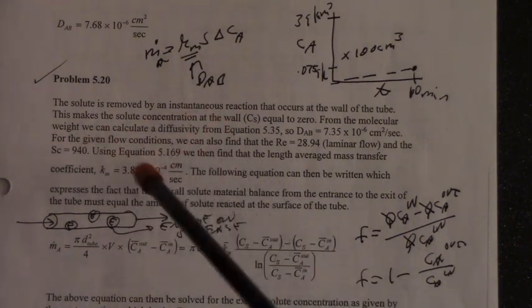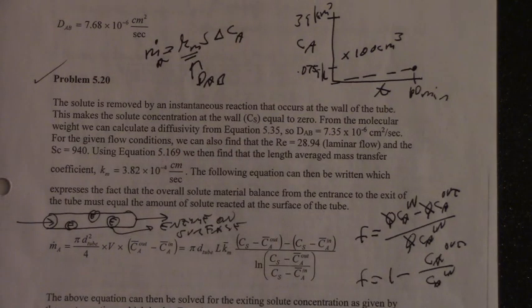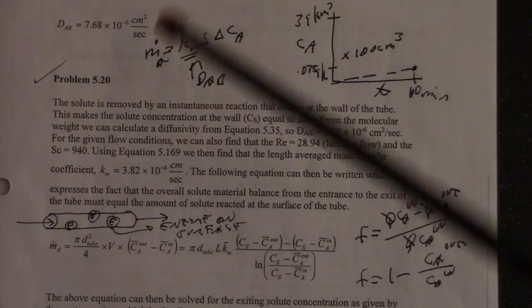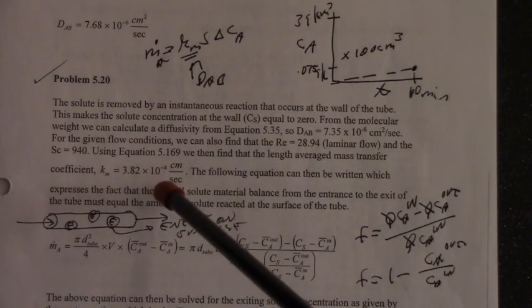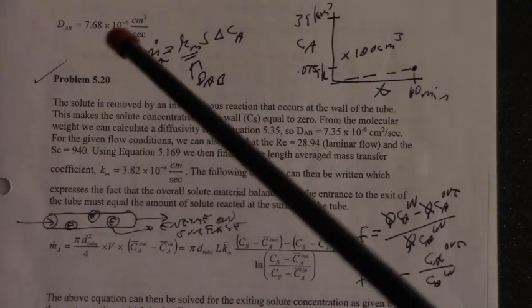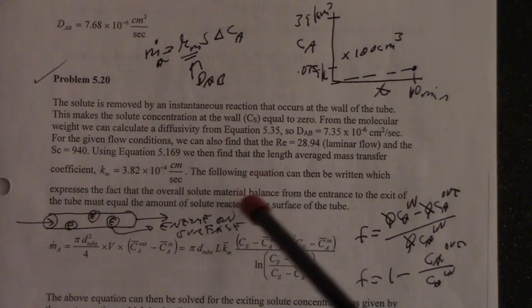And then using equation 5-169, that's our go-to equation for mass transfer coefficients in laminar flow in a cylindrical tube, you can show that the mass transfer coefficient is 3.82 times 10 to the minus 4 centimeters per second.